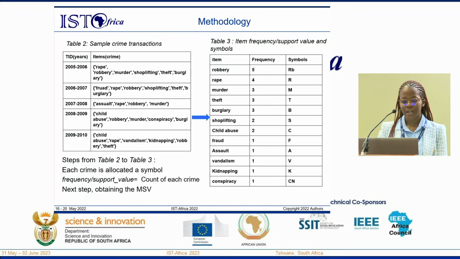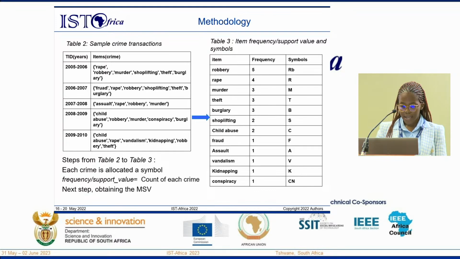For an example, if from 2005 to 2006, rape was reported, robbery was then reported afterward, murder, shoplifting, theft, and burglary. This is how we display the data in order to prepare and process it so we're able to generate the frequent patterns.